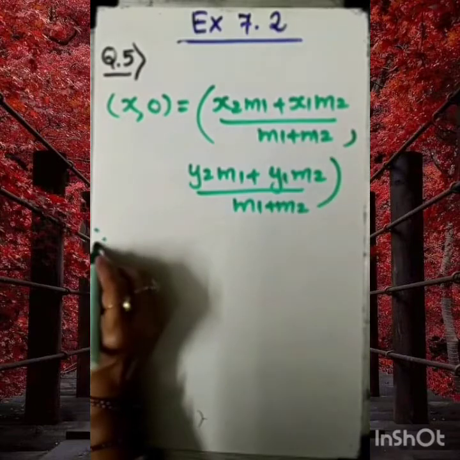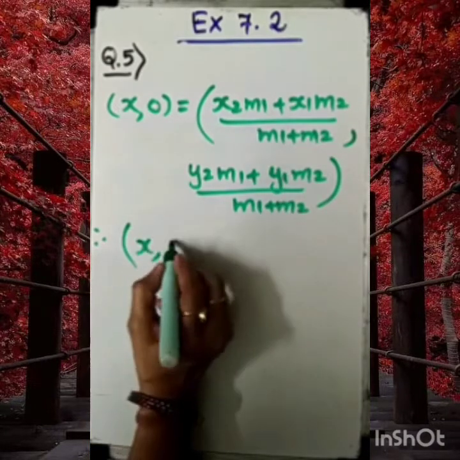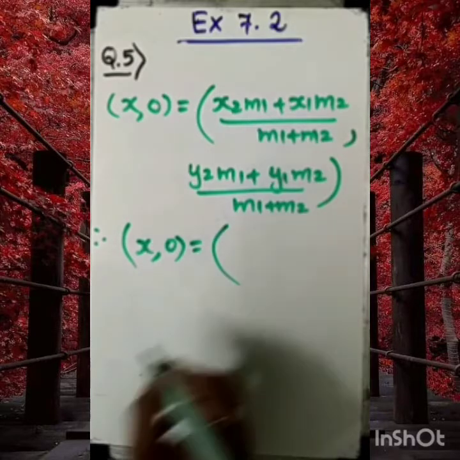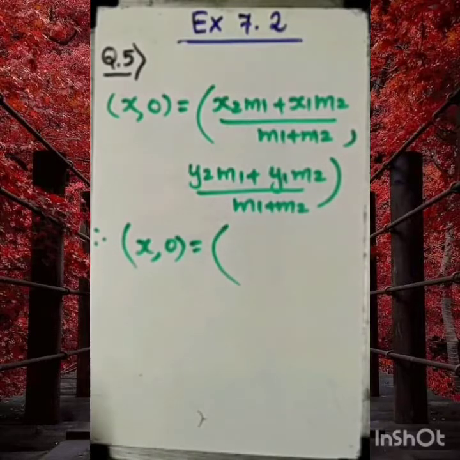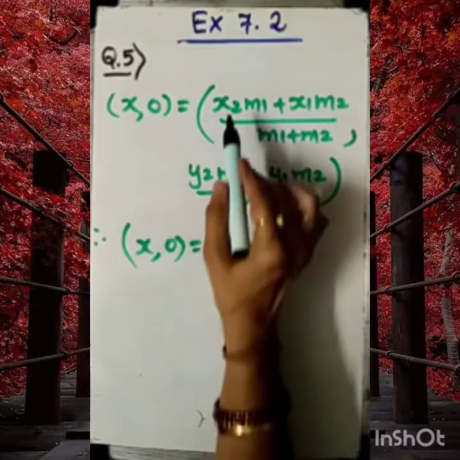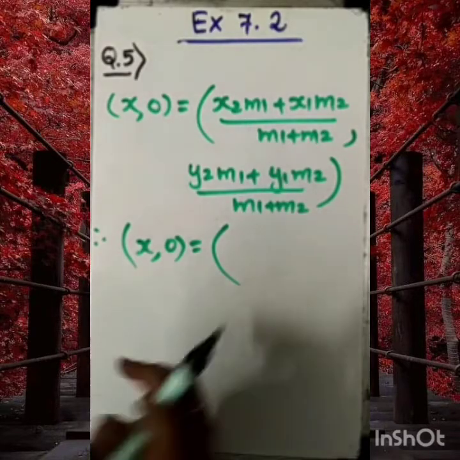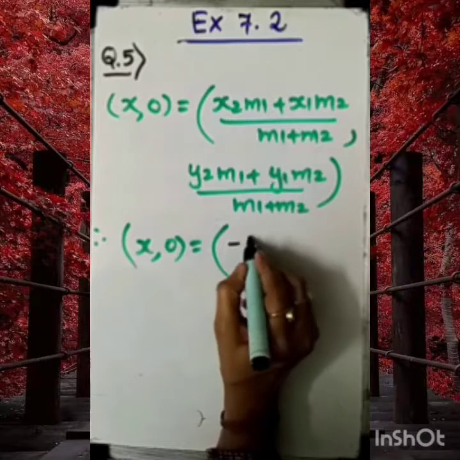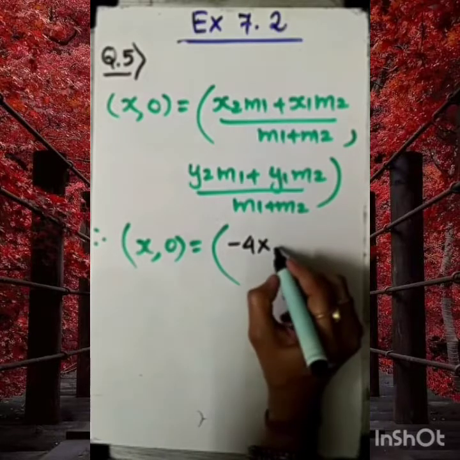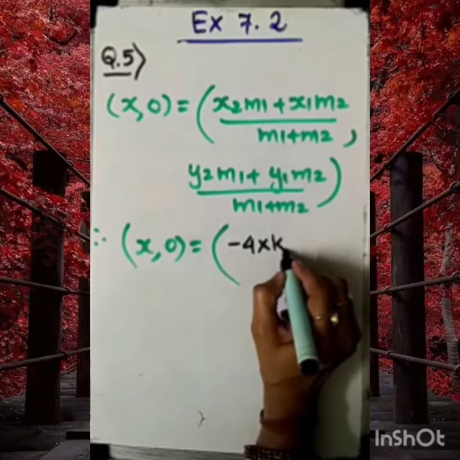Here x, 0 is already there. Let it be as it is. What about this x2 m1? According to the line segment, x2 is minus 4. And of course, the value of m1 is k, the ratio is k.